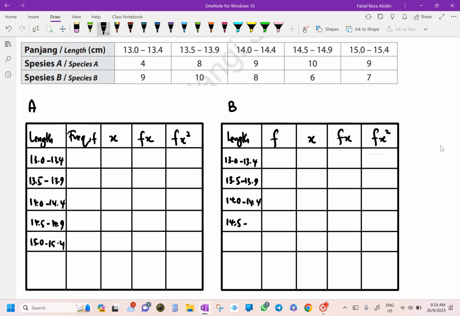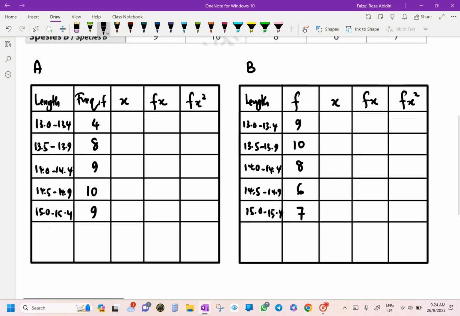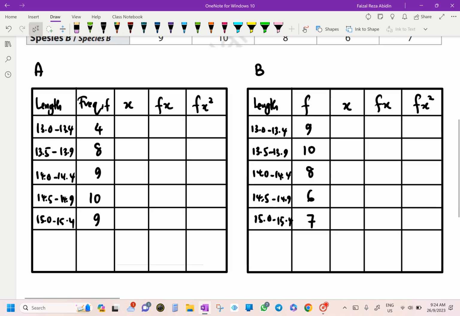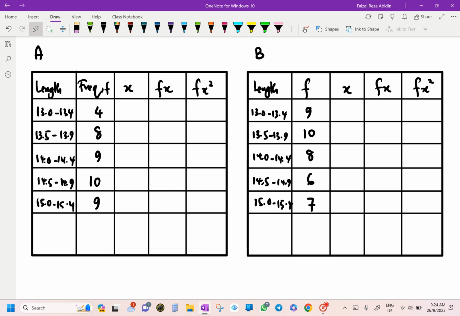After I copy everything, what should I do next? The frequency. For species A: 4, 8, 9, 10, 9. Species B: 9, 10, 8, 6, 7. Now we find the midpoint for each species. The midpoint is the same for the classes.